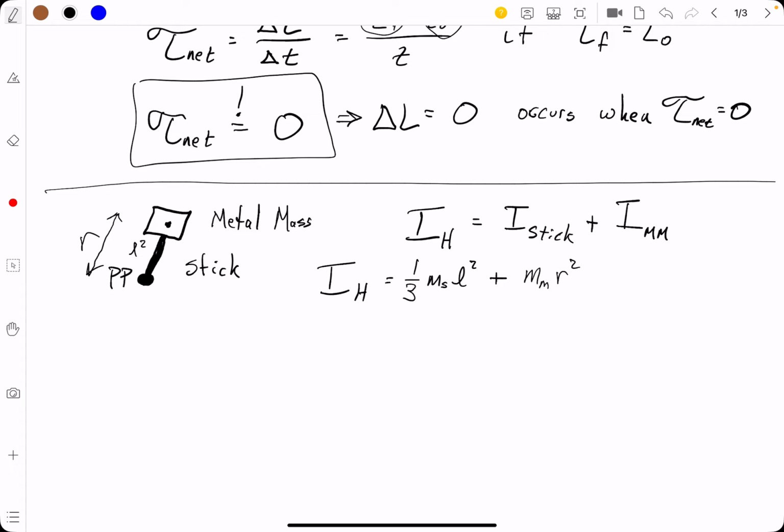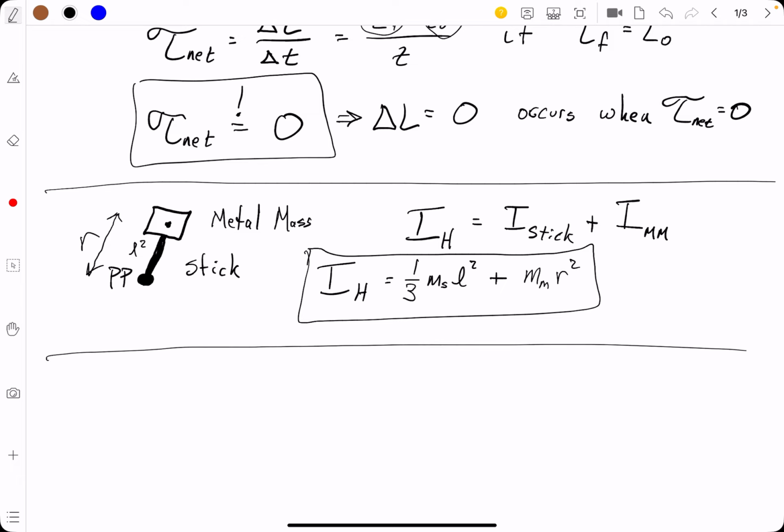That's it, just like the dumbbell before, okay? We've added in our stick, and so we can say, oh, great. This is our moment of inertia for this situation, okay? I'm laying that out first because what's going to happen, did I lose my page?